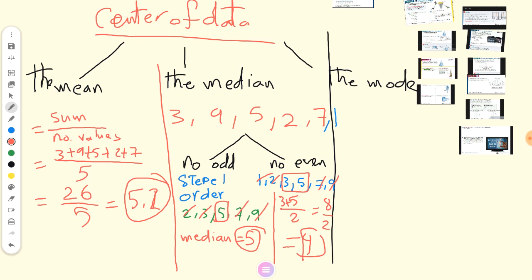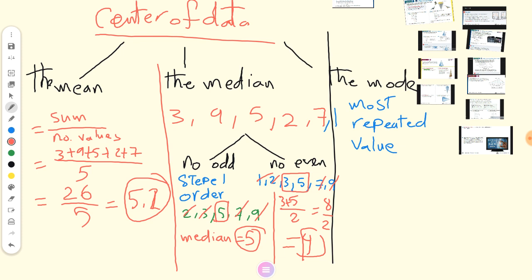What about the mode? The mode is the most repeated element. Most repeated value.